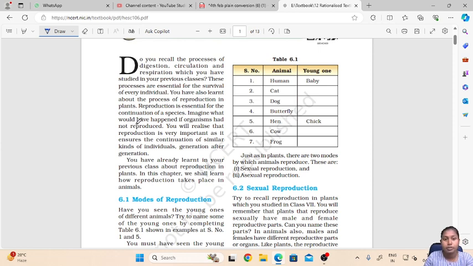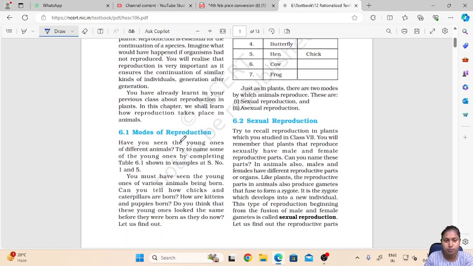There won't be any further generation, or there won't be anyone in the future. So reproduction is very important as it ensures the continuation of similar kinds of individuals generation after generation. In this chapter we're going to see how animals reproduce.